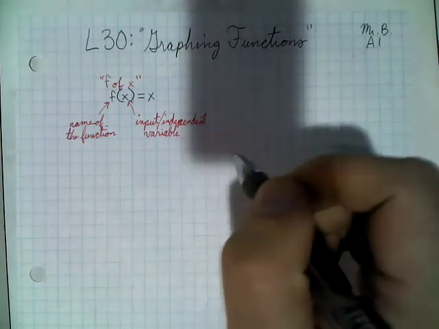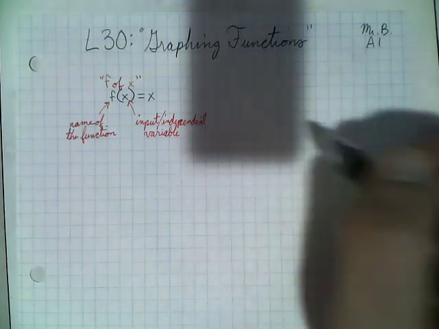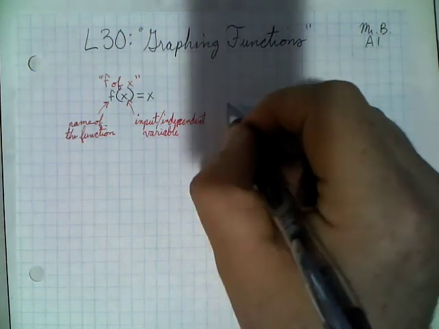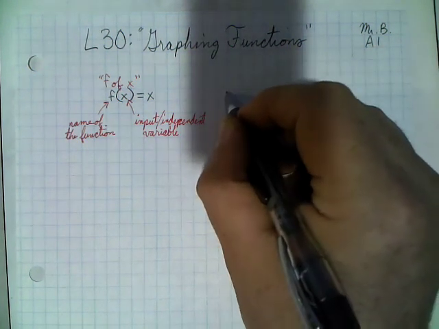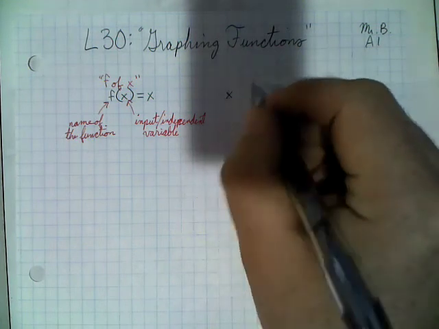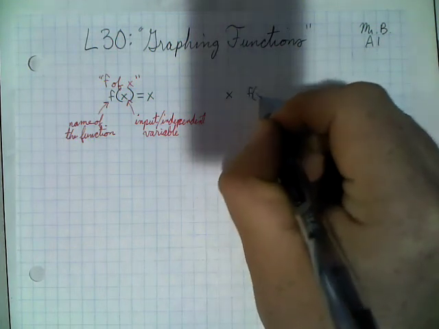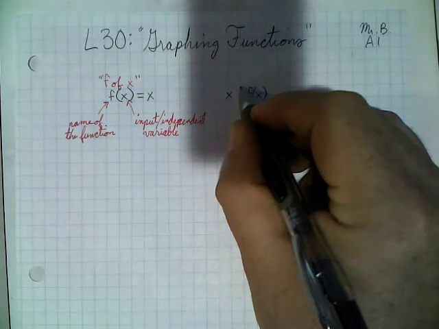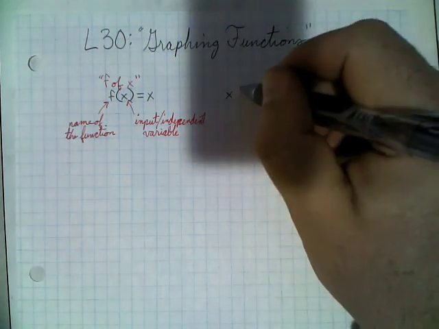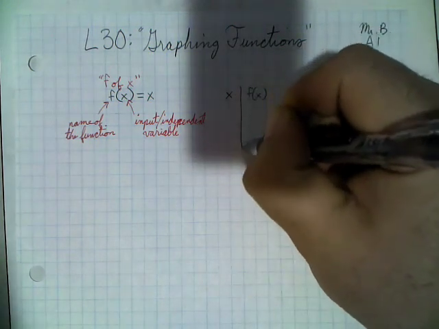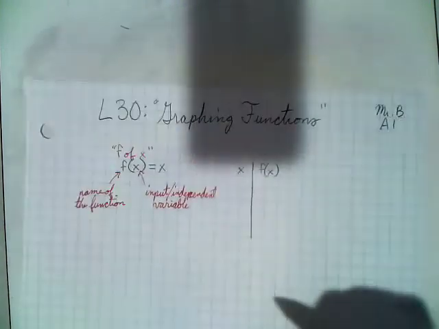And so we're going to make a table of values for this. Let's come over here, and I'm going to have an x column, and then an f of x column, and let's give ourselves about 5 spaces there.